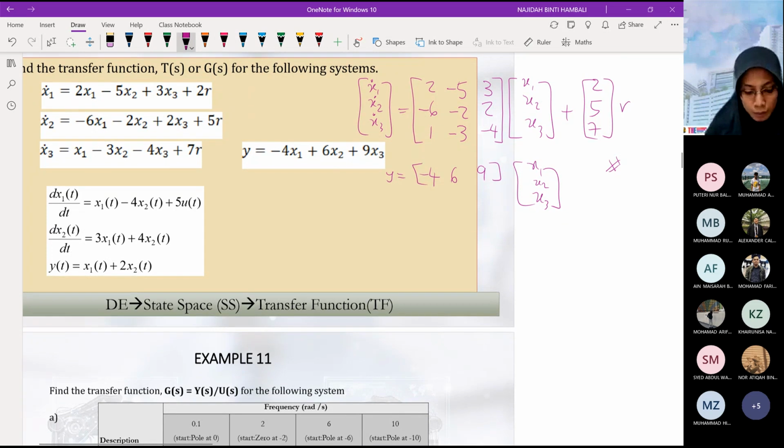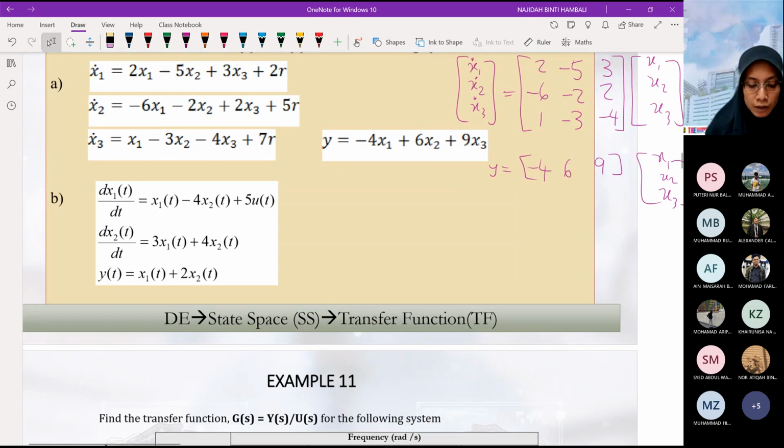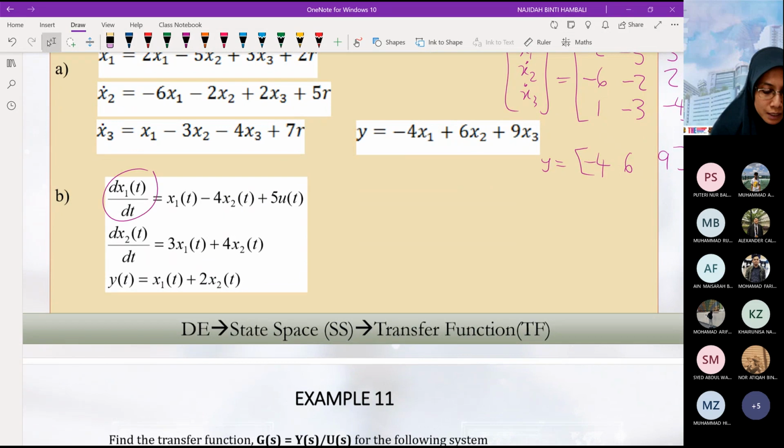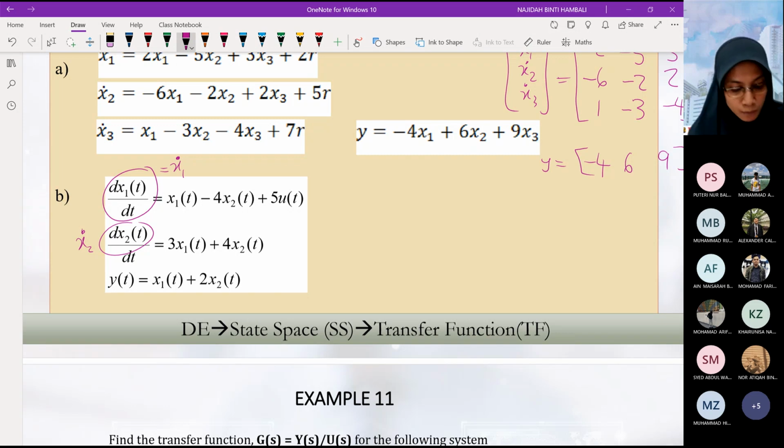Okay, you can repeat for example B. Okay, for example B, this is actually equal to x1 dot, the derivative state. Differentiation of variable x1 over t, then it is x1 dot. Okay, this one is x2 dot. And so for example B, what is the dimension of your matrix A?